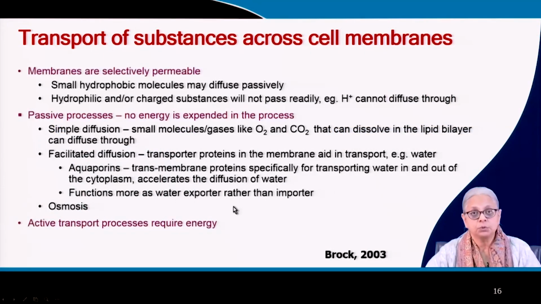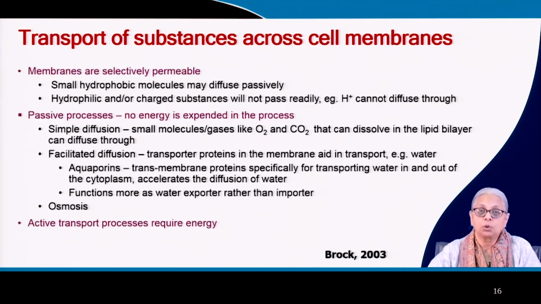So now we come to the second point, and that is facilitated diffusion. Now what is facilitated diffusion? It is still diffusion driven by a concentration gradient, but in this case there are transporter proteins in the membrane that help in the process of transport.